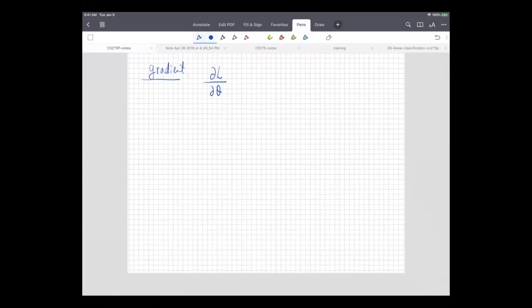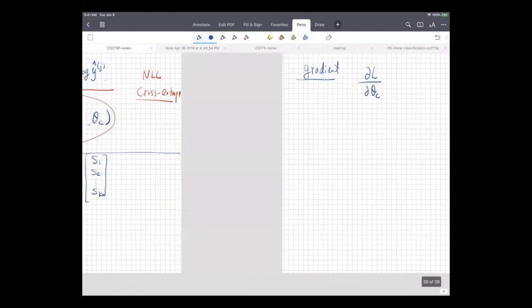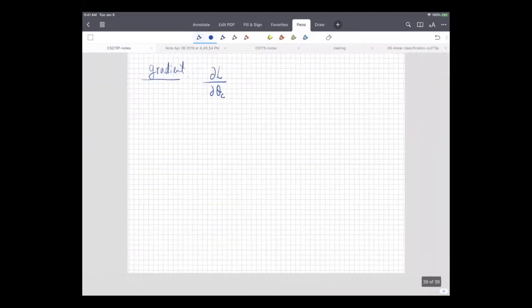The question is, how do we calculate this quantity? Let's consider the loss for one sample, with only x and y. How do I calculate the gradient of this with respect to each individual theta parameter?